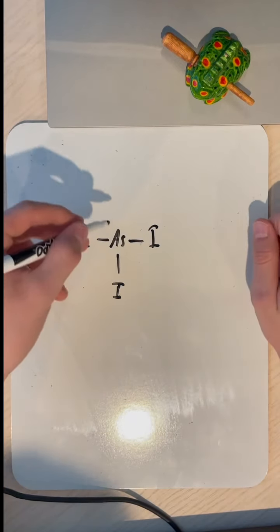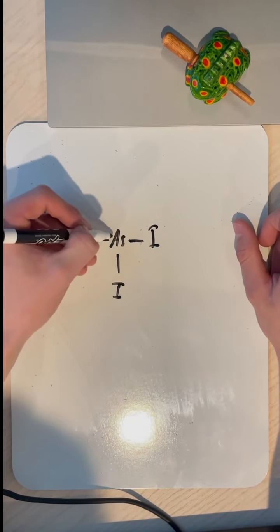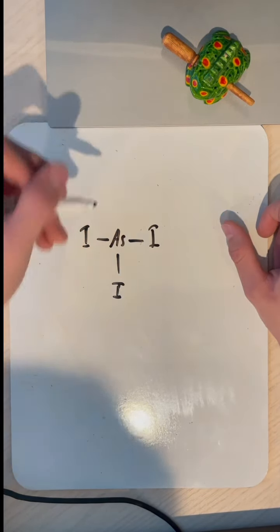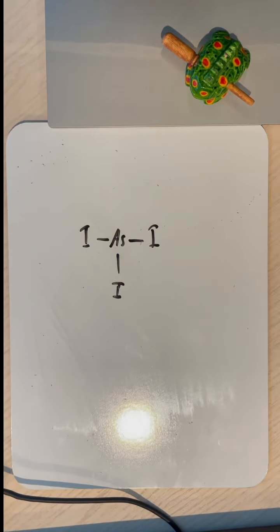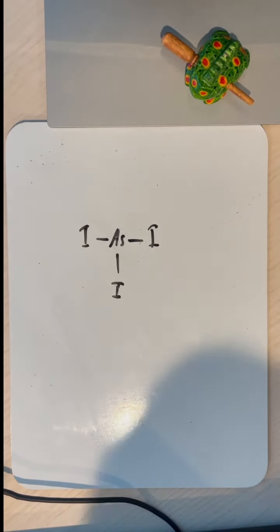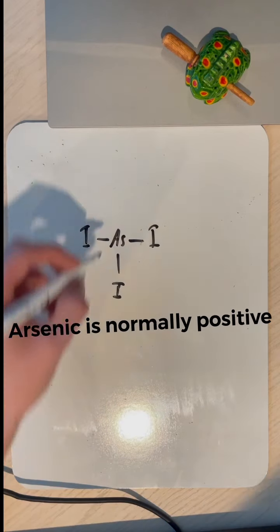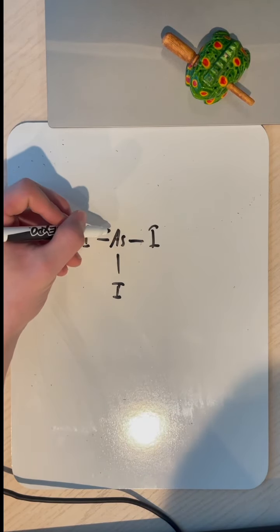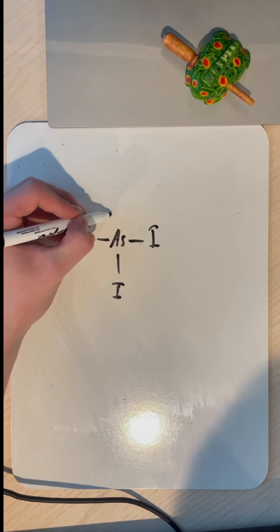Since arsenic is taking the electrons from each of these iodides most of the time, arsenic is, oh wait, no, it's actually vice versa, I believe. I'm not actually sure which way is the case, but let's assume that arsenic is taking electrons from iodide.